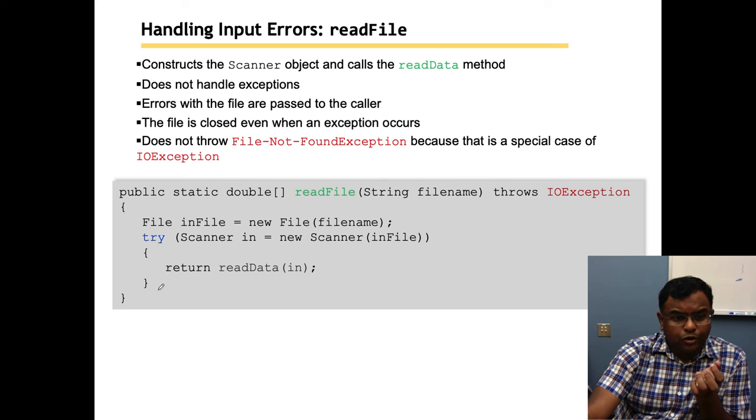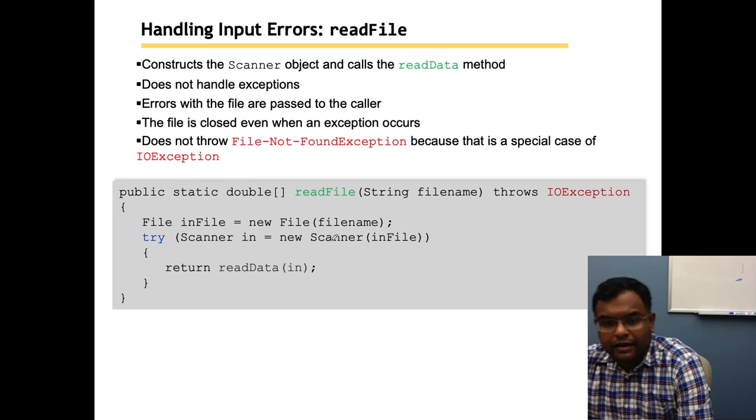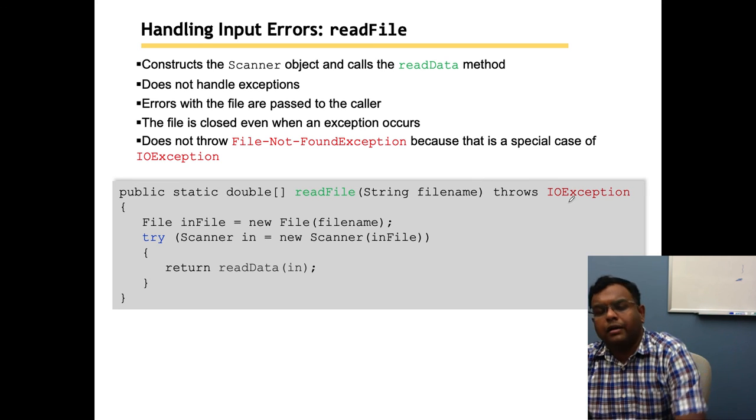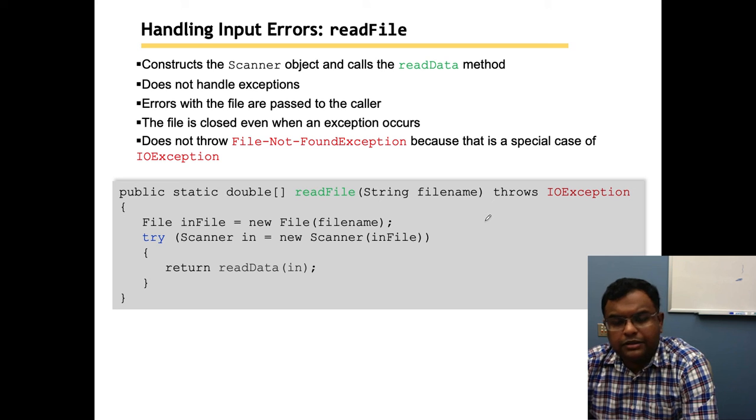We don't have a catch block right here, so what will happen? It's a good thing. If exceptions occur in this scanner constructor, then it will immediately come out of this function read file, and it will raise the IO exception to the upper level. Okay, so this is how we can handle reading and writing.